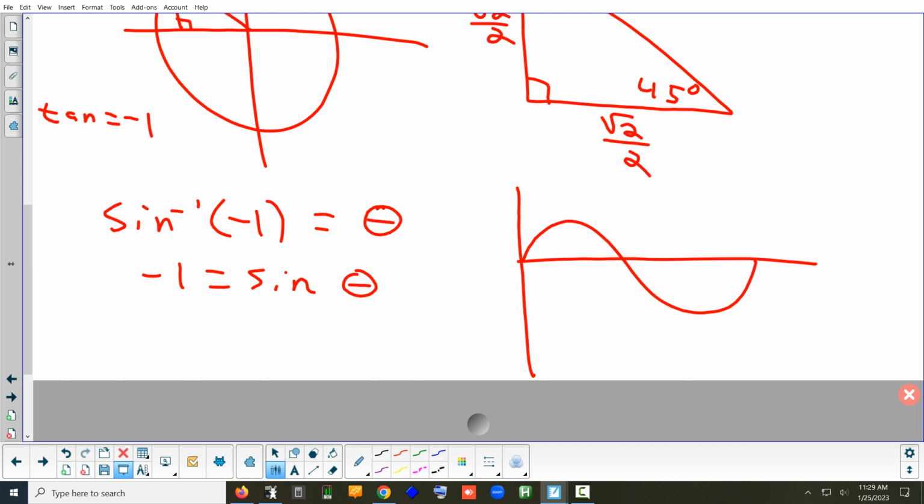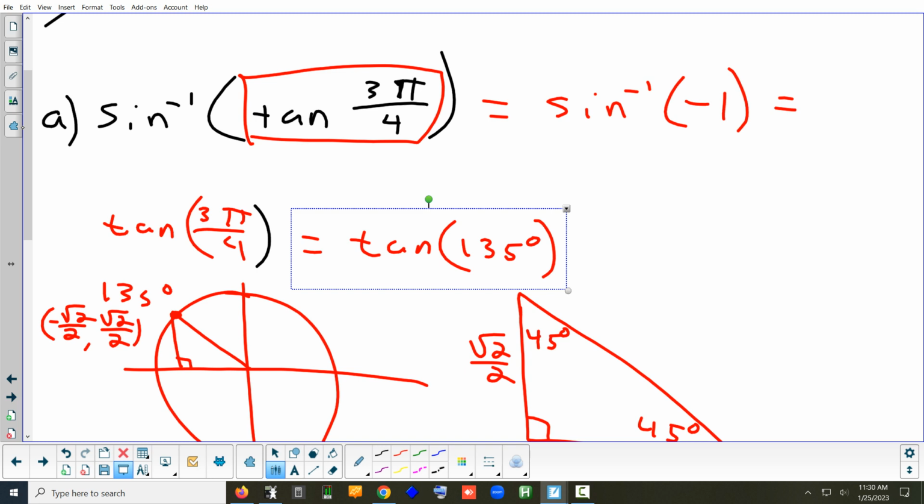You get your marks there, and we're looking where it hits -1. Right there. So where is that angle? That's at 3 pi over 2.